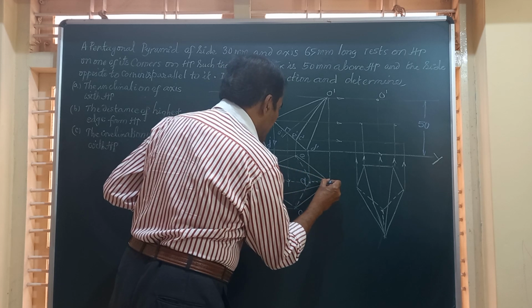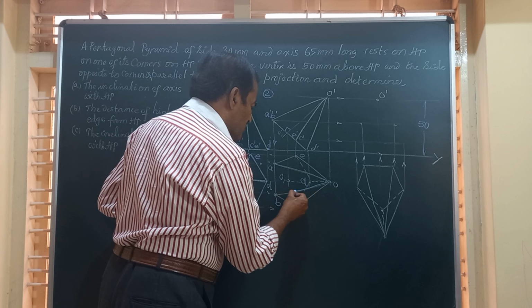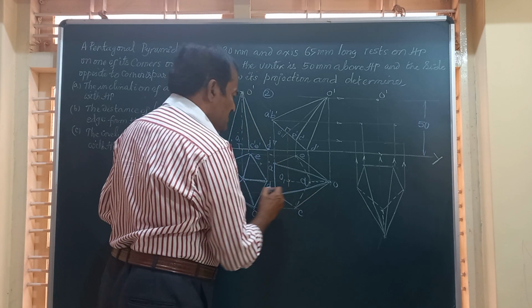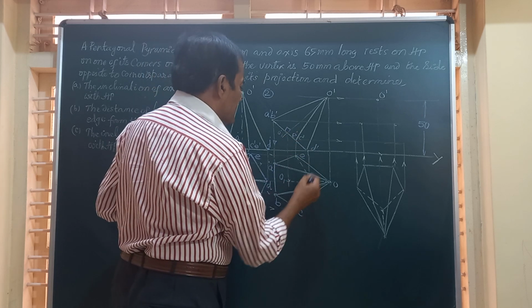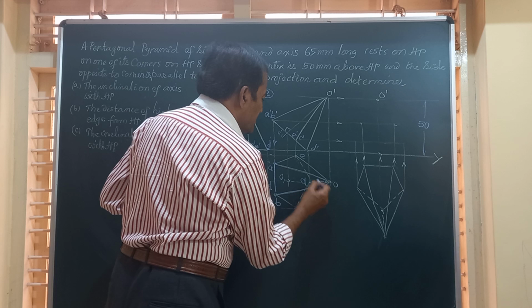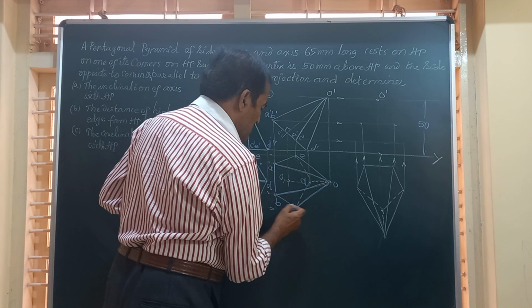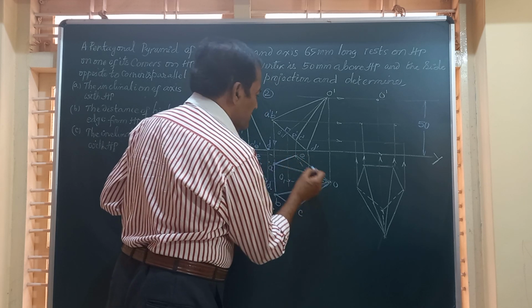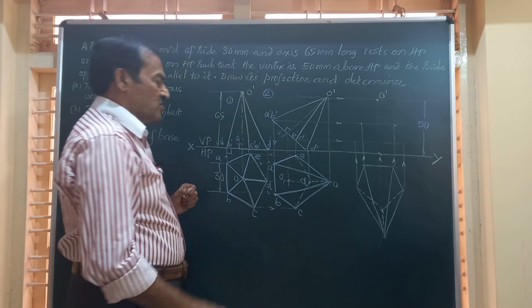So O dash A dash is visible, and here this OB is also visible. This edge AB is also seen. And friends, you can see these edges OC and OE are also visible to the observer. When they are visible, even these edges are visible. So these are the visible edges of the solid.